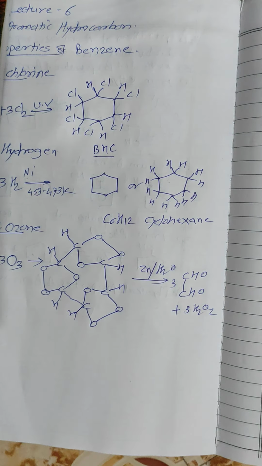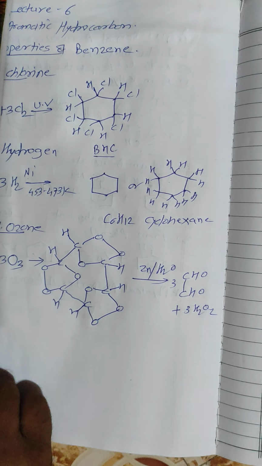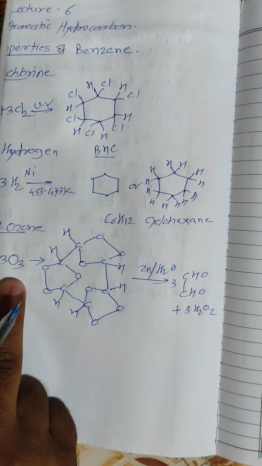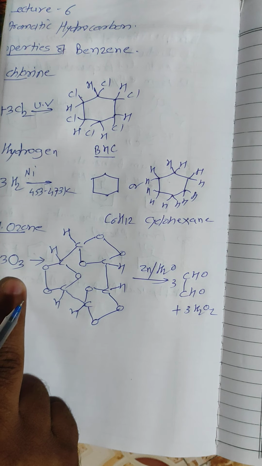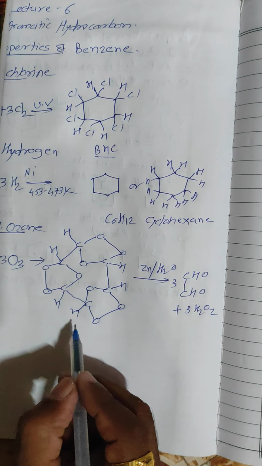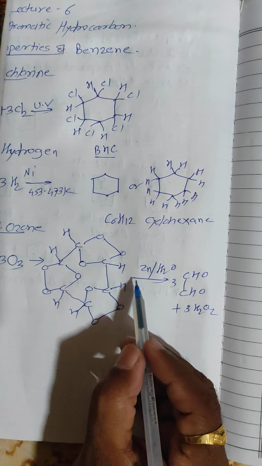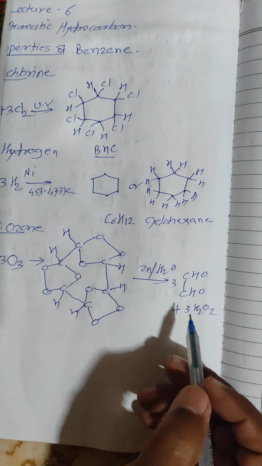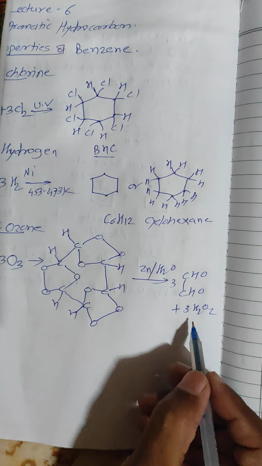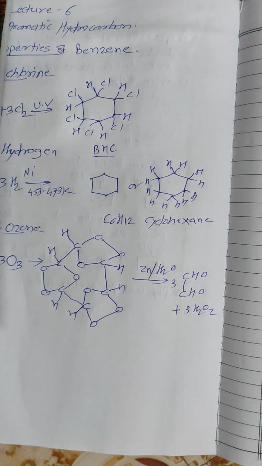So benzene adds 3 molecules of ozone in the presence of an inert solvent like carbon tetrachloride to form benzene triozonide, which when treated with zinc dust and water gives a glycol plus 3H2O2.